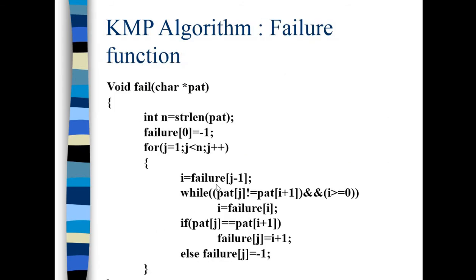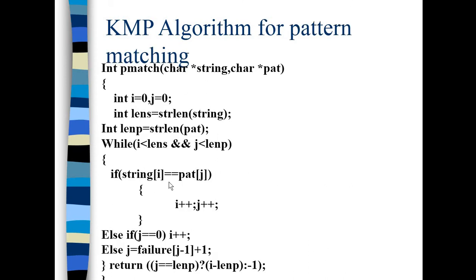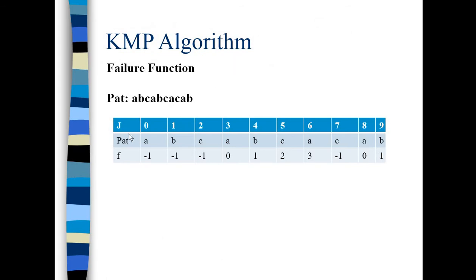So i equals failure of j minus 1 we are taking. Then pattern of j and pattern of i plus 1, are both the same? Here pattern of j is b, and pattern of i plus 1: i is initially minus 1, so minus 1 plus 1 is 0.